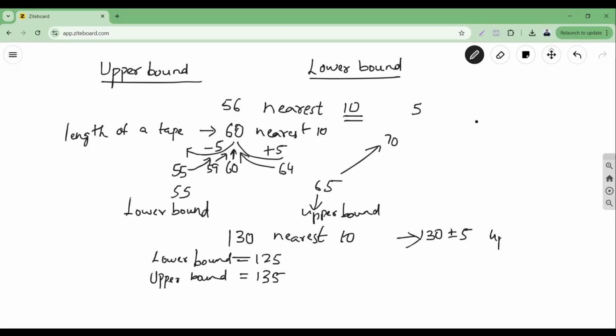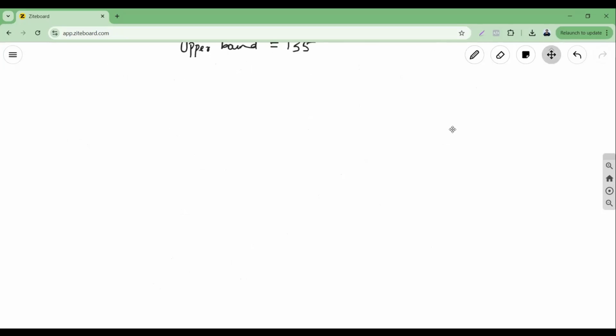Let's take a few more examples and understand this better. Let's take, for example, temperature. We can measure temperatures at points, things like that, right?